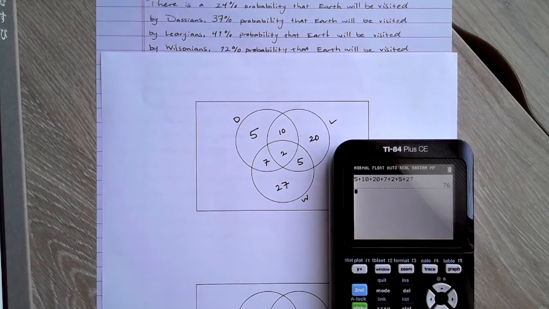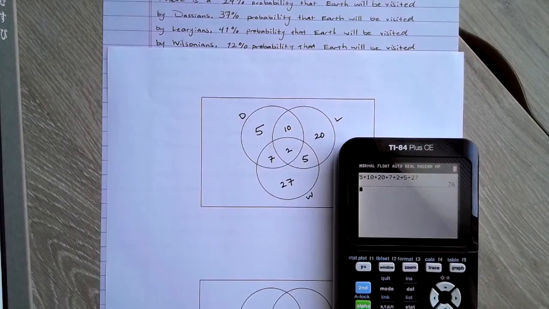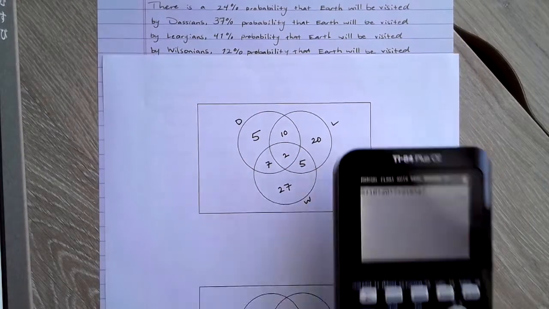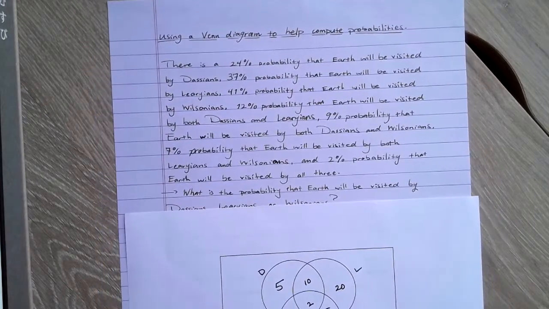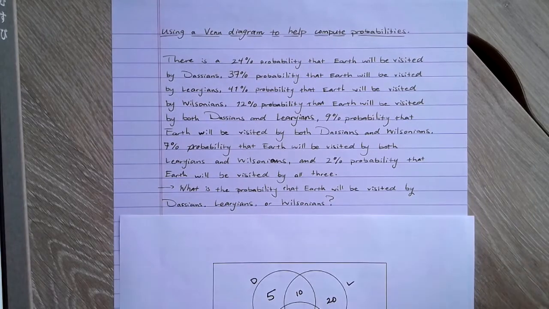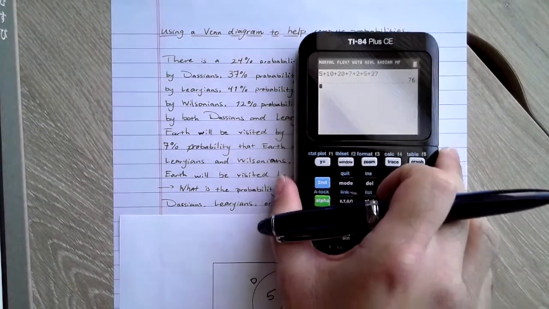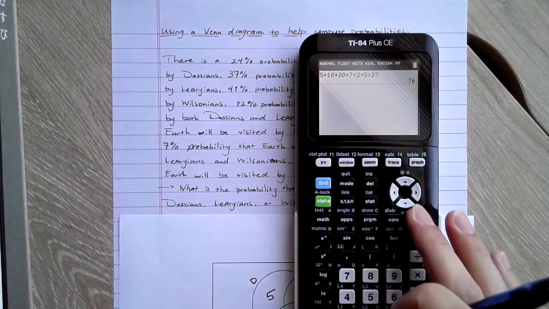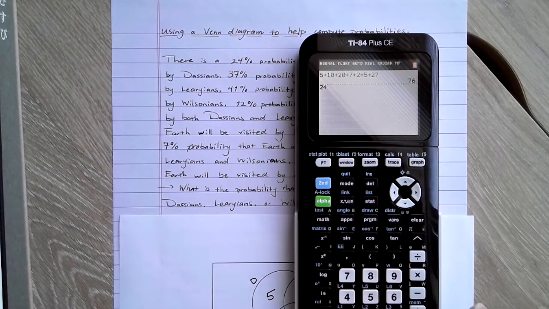So this is a 76% chance that Earth will be visited by at least one. All right, because this is the or. And we can do this using this extended principle that we talked about last time. The probability of the union of 3 events is the sum of the individual events. So I'm going to leave that there because we're going to see that we get the same results here.